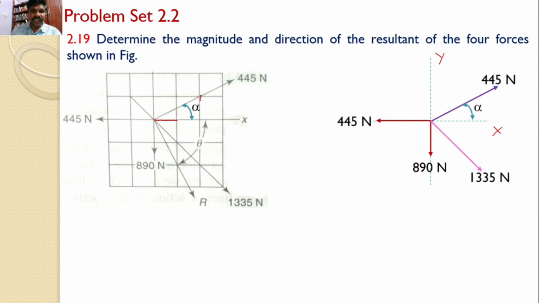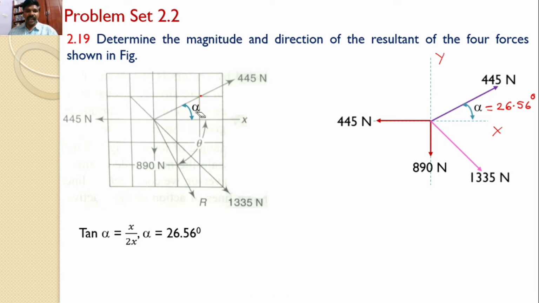So if you construct a right angle triangle here up to this point like this, this I can consider as 1 unit, let us say x. Obviously the second one also becomes x, and this height is 1 unit, so I can consider it as x. Then I can calculate tan alpha equal to x divided by 2x. So alpha becomes 26.56 degrees. So this I can consider as 26.56 degrees.